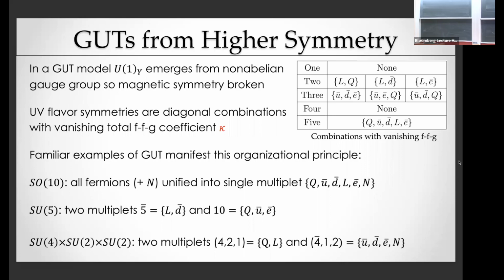And this is familiar in examples of GUTs. For instance, in SO10, all the standard model fermions plus a friendly right-handed neutrino are unified into a single multiplet. And so that has only the flavor symmetry that is the diagonal combination that acts on all 5 together. That's this combination right there. SU5 has 2 multiplets, the 5 bar and the 10.